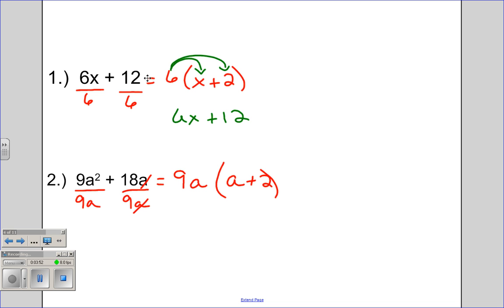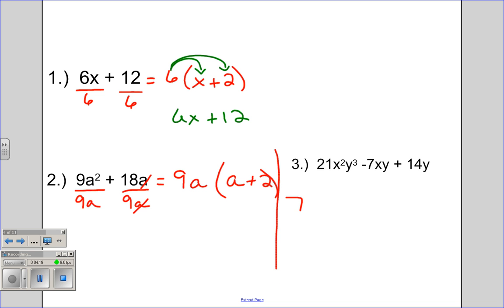Example 3. 21x squared y to the third minus 7xy plus 14y. Now you have 3 terms. Same steps. Find your largest number that will go into all 3 of them, which is 7.